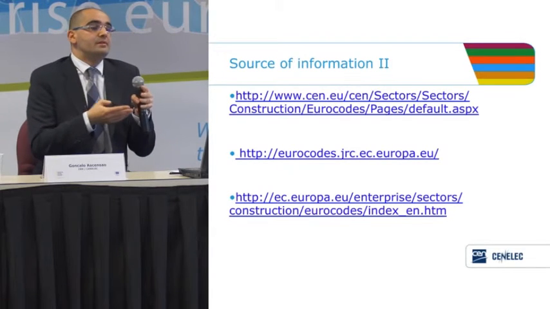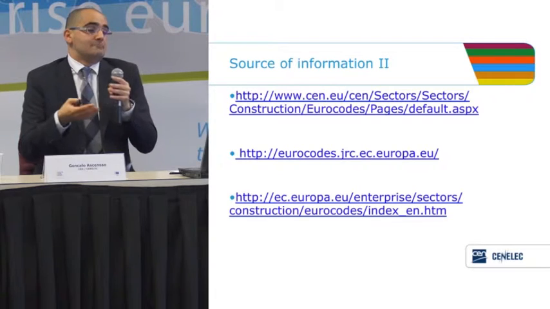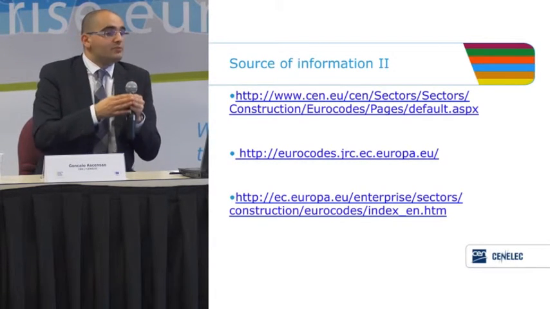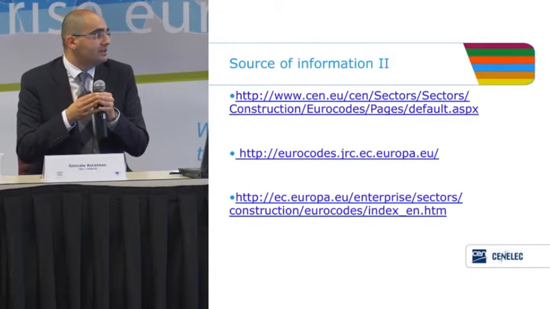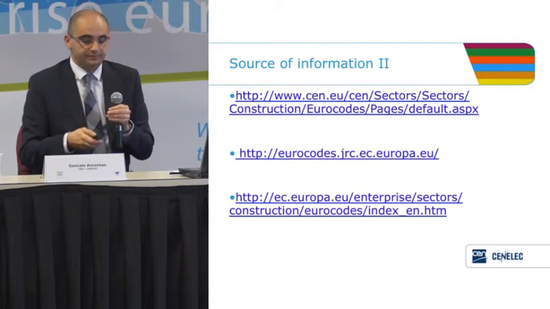Eurocodes may also be mandatory for use if the national legislation makes reference to them. As a main principle, the standard is still voluntary. However, the legislation may make them compulsory.